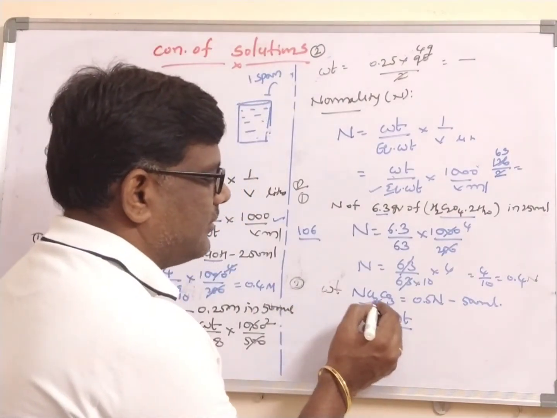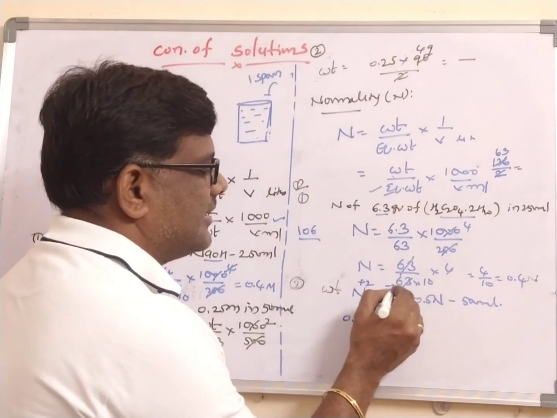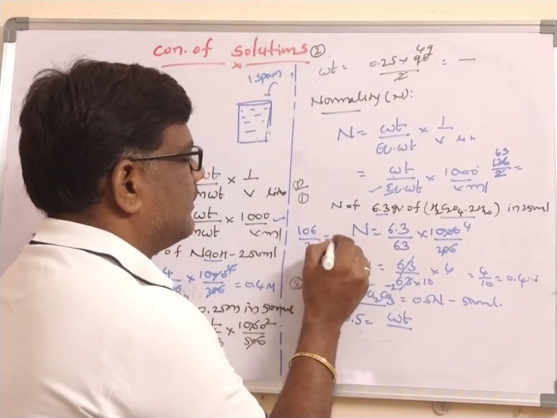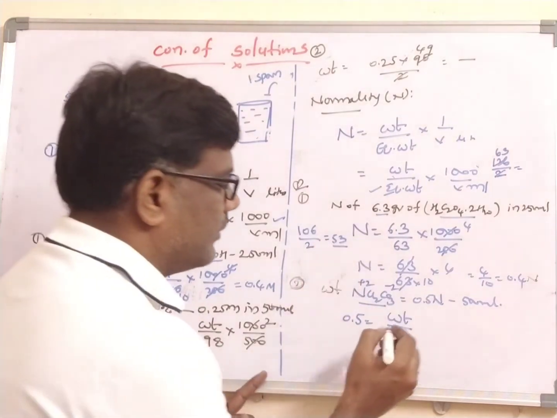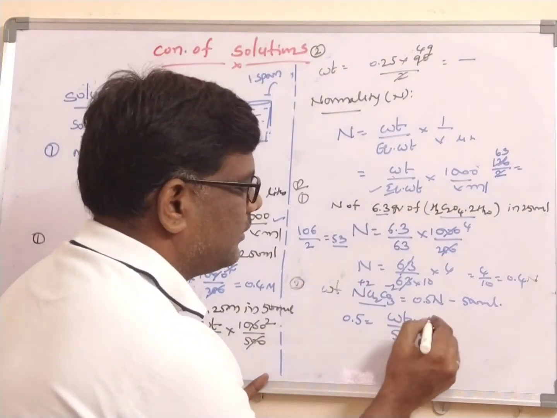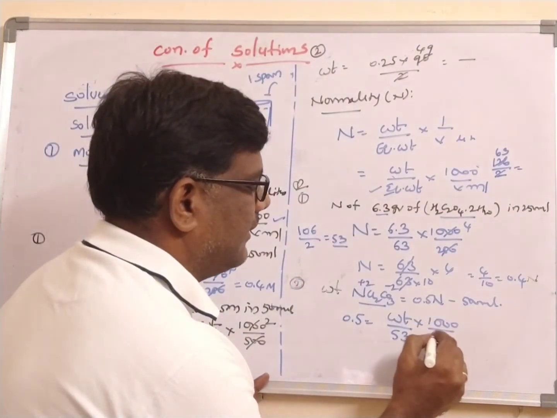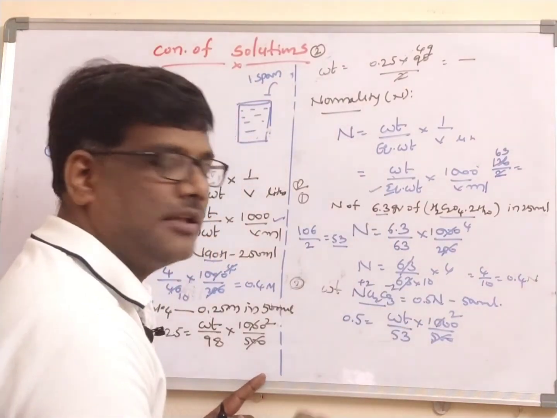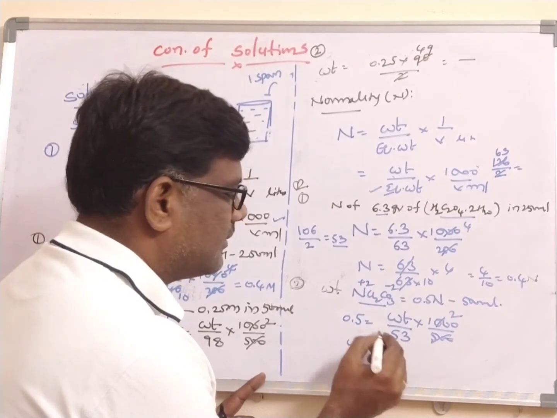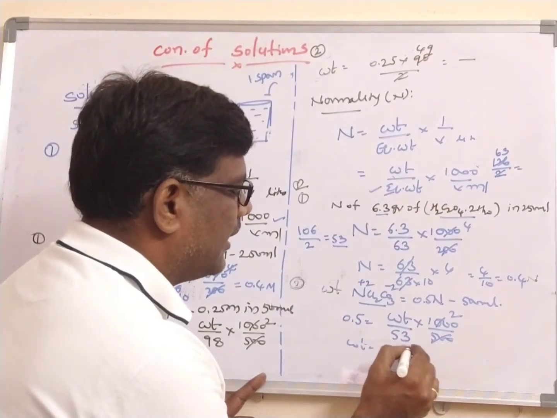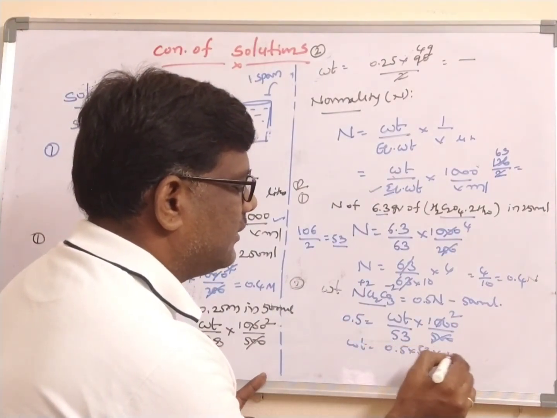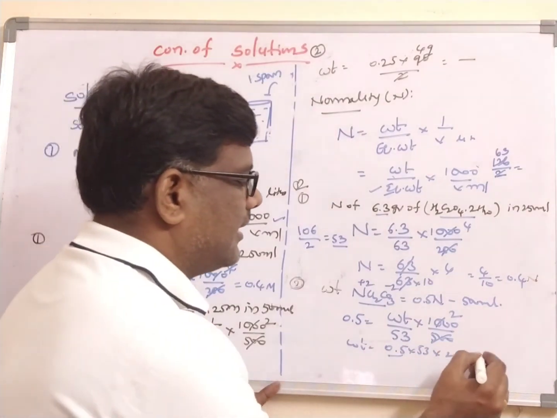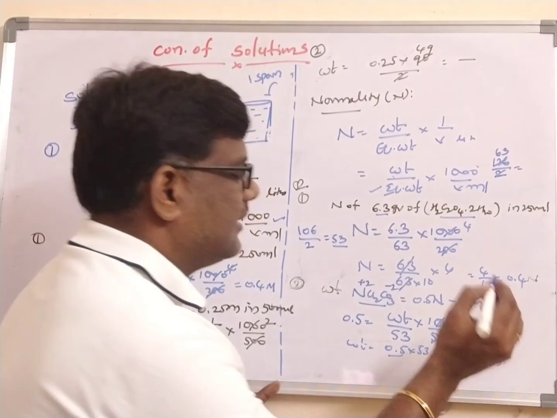Here you take the cation, 2 sodium plus 2, or carbonate minus 2, either one, it is 2. So 106 by 2 is equal to 53. The equivalent weight is 53, into 1000 divided by 500. My aim is to calculate the weight. So weight is equal to 0.5 into 53 into 2. 0.5 is 1 by 2, so 1 by 2 and 2 get cancelled, and you require 53 grams.